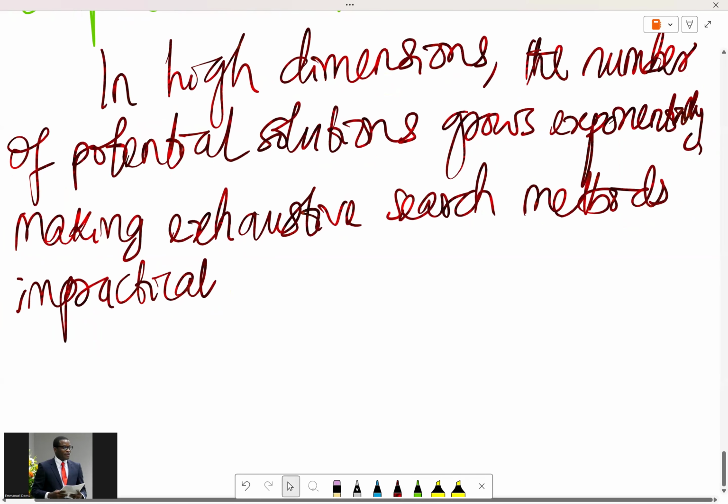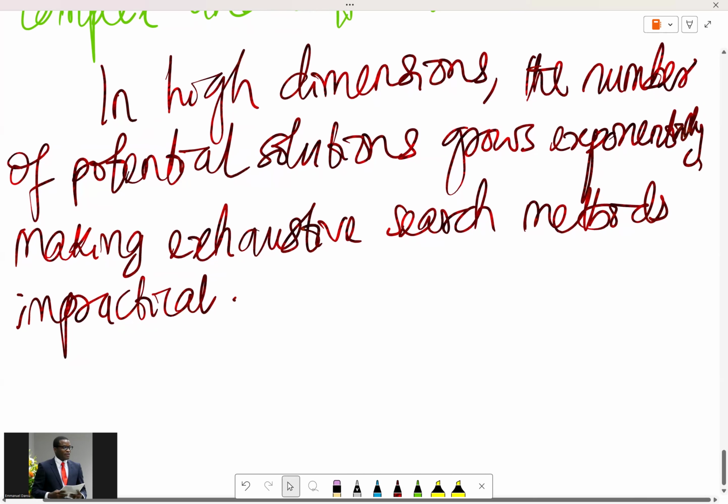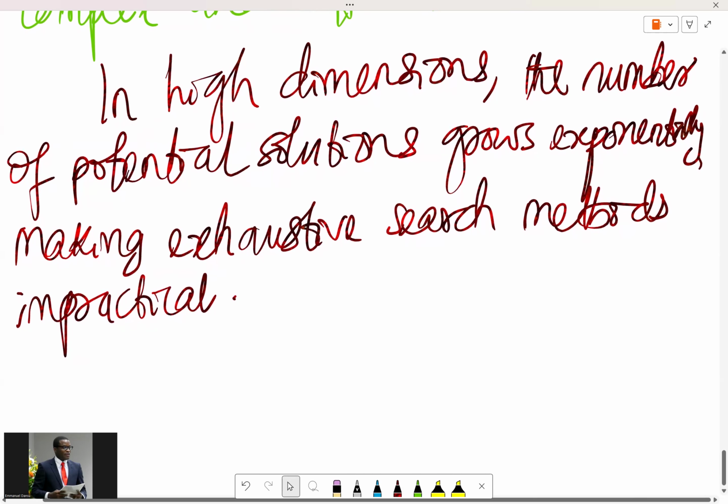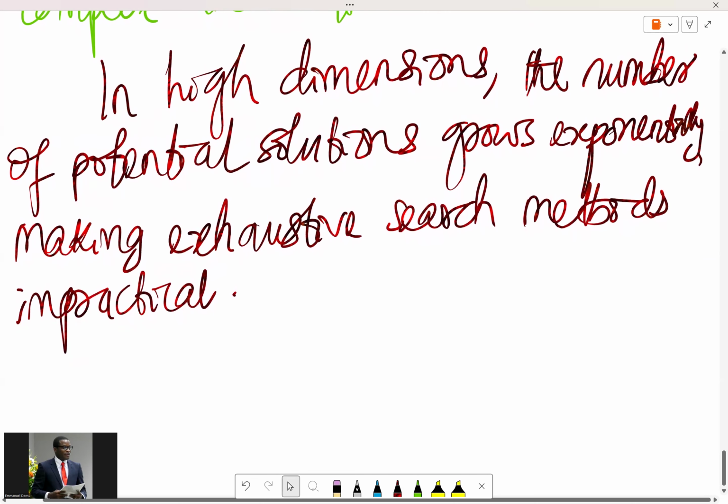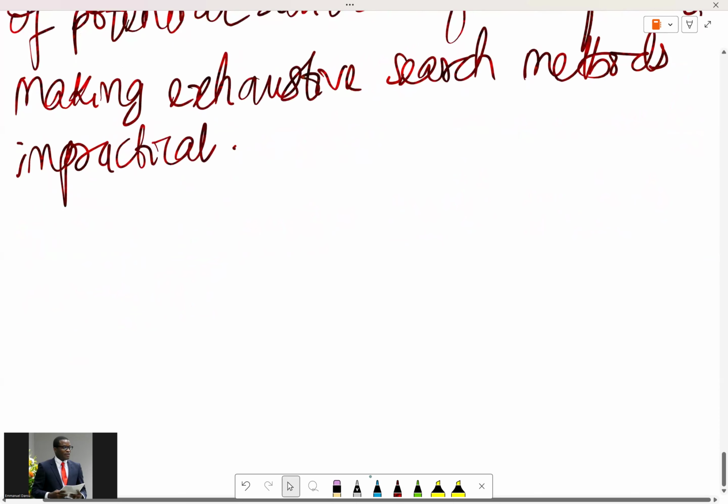So simplex method really helps to take care of that trouble. So in high dimensions, the number of potential solutions grows exponentially, making exhaustive search methods impractical.